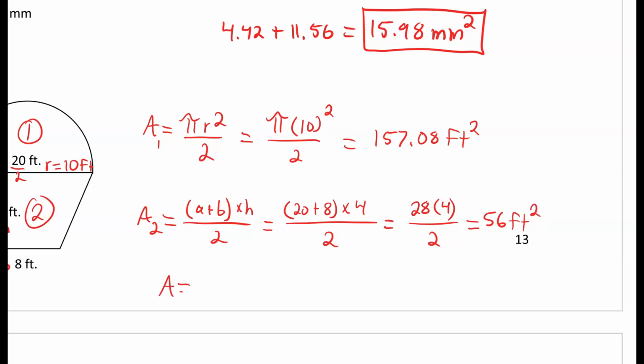So area of the total composite shape is going to be adding area 1 and area 2 together, which is 157.08 plus 56 equals 213.08 feet squared.